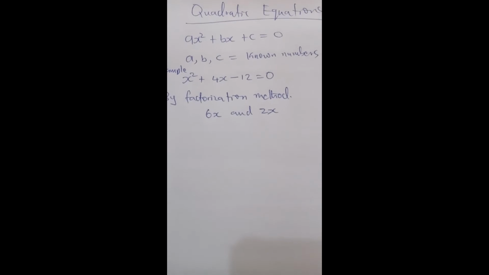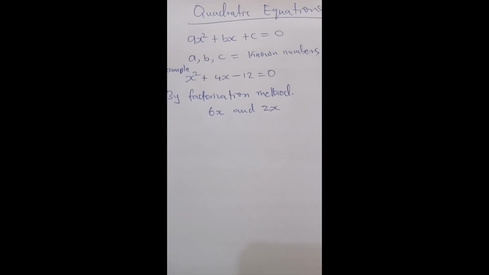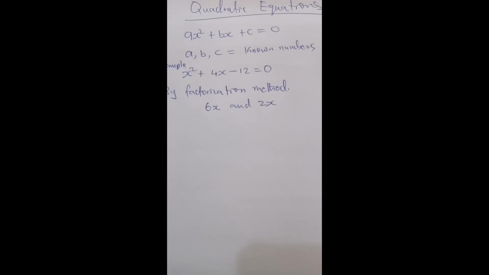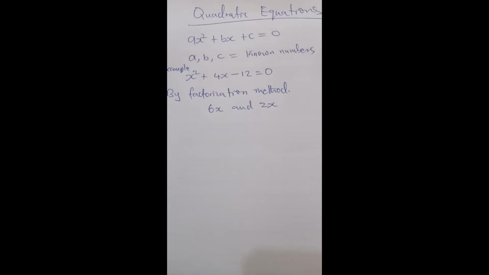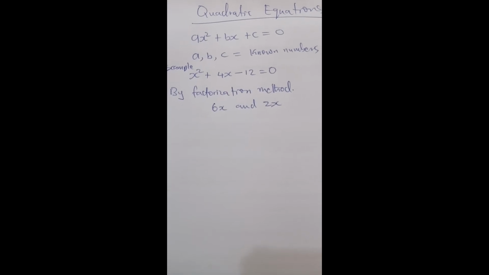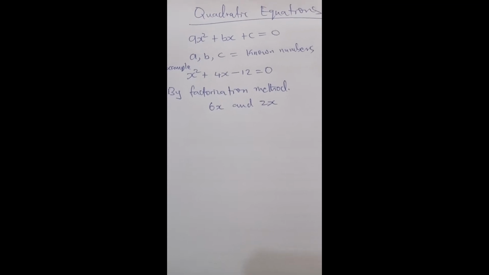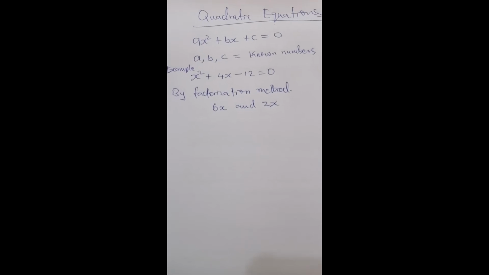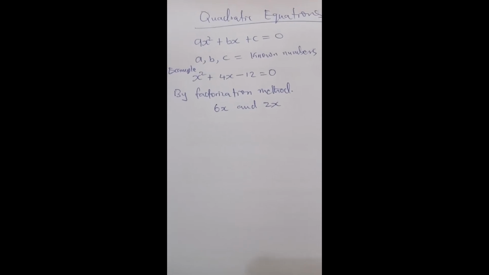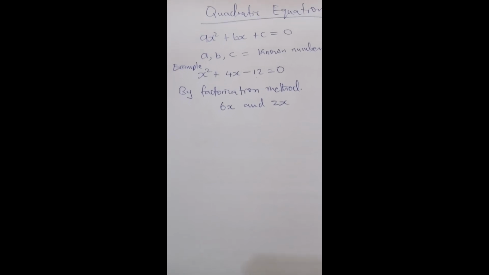A typical example of factors that can give us what we want is 6x and 2x. But at this time, you will discount the x's behind the 6 and 2 and focus only on the integers. So 6 times 2 will give us 12, and then 6 minus 2 will give us 4.